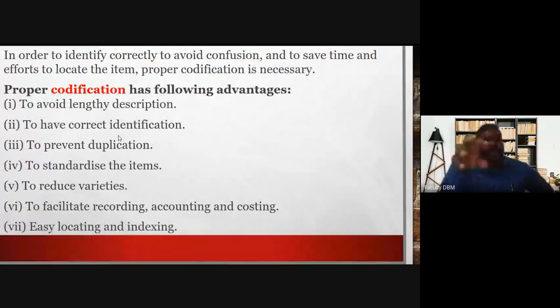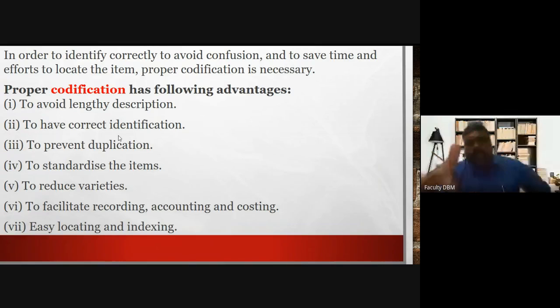In order to identify correctly, to avoid confusion, and to save time and effort in locating the item, proper codification is necessary. Proper codification has the following advantages: it avoids lengthy descriptions, so there is no need to write the name in full length, and it gives correct identification.